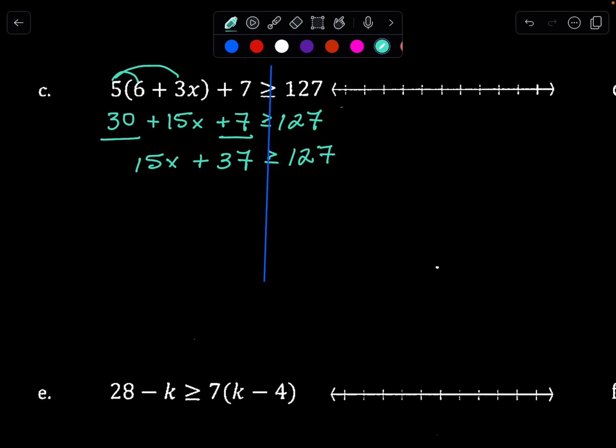Next, we're probably going to get our 37 off this side, minus 37, minus 37. 37's out. You get 15x greater than or equal to, should be 90, I want to say.